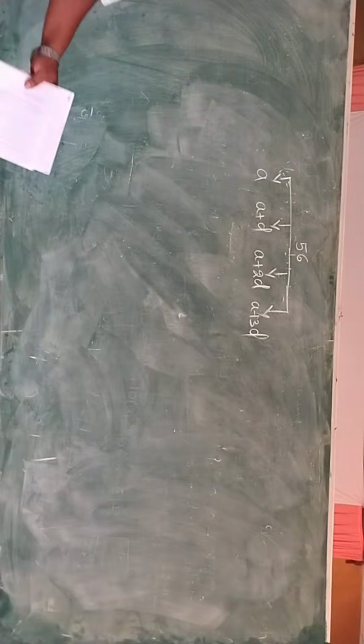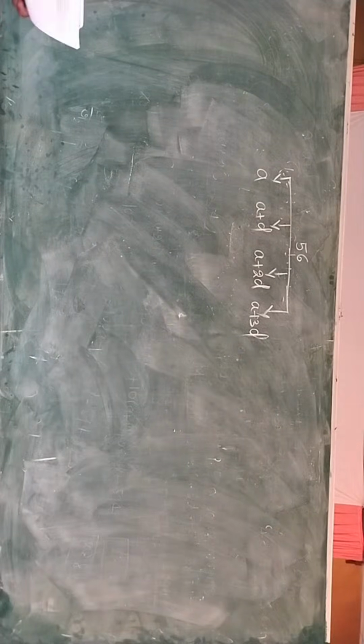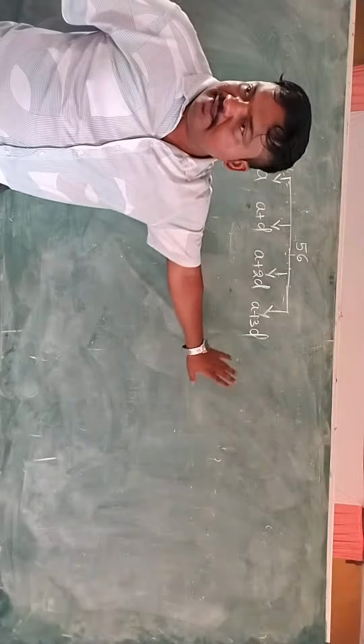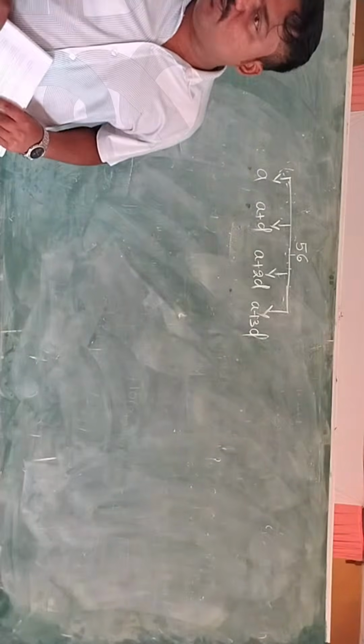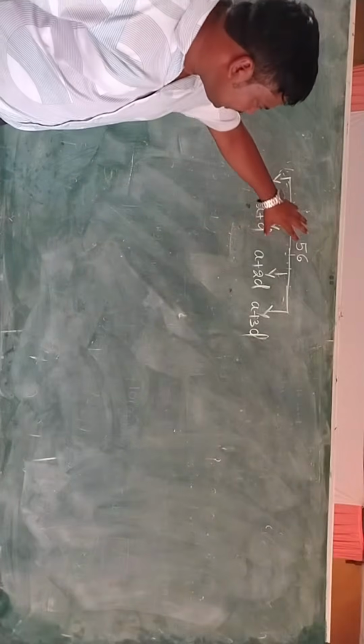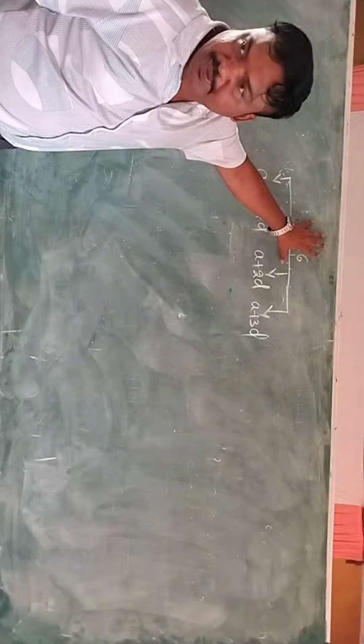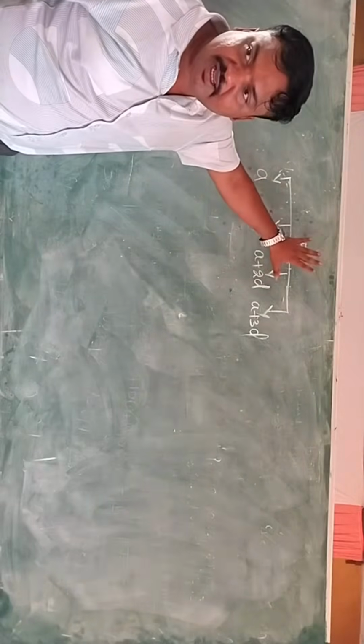What they said is this 56 is divided into four parts. Then these all four parts together make 56. Means the sum of these all comes together to 56.